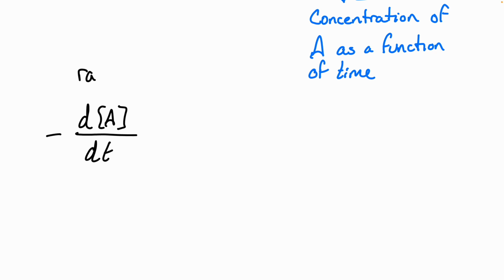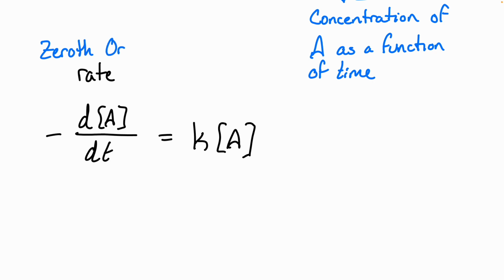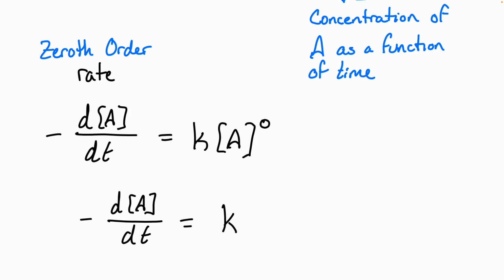Rate is equal to k times the concentration of A. But if this is 0th order, I'm going to put that 0 in there. So this just simplifies to k. We can move that negative sign over.